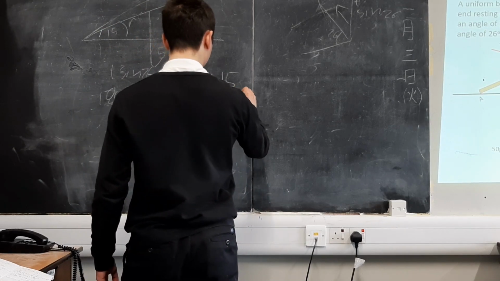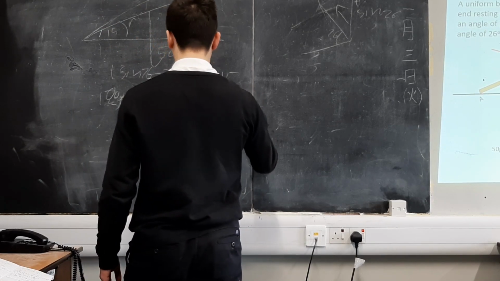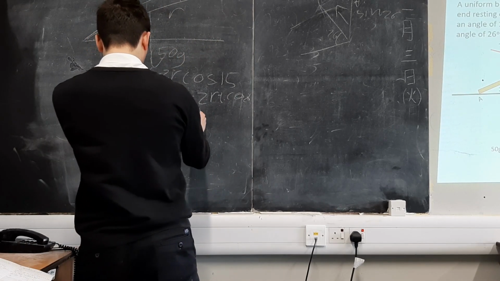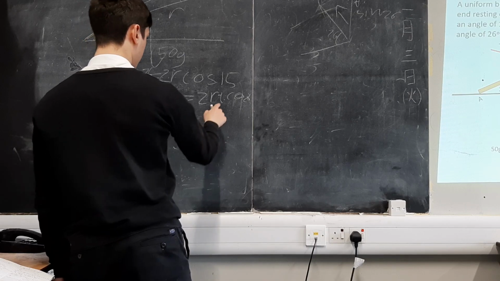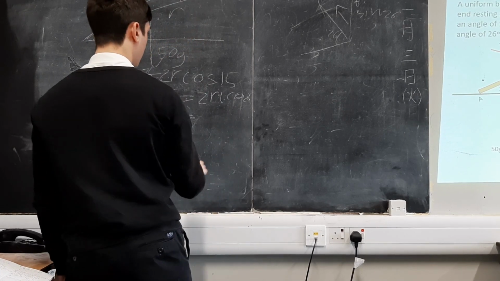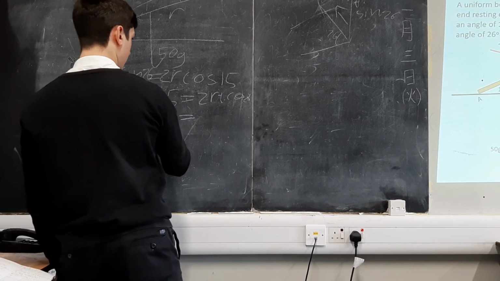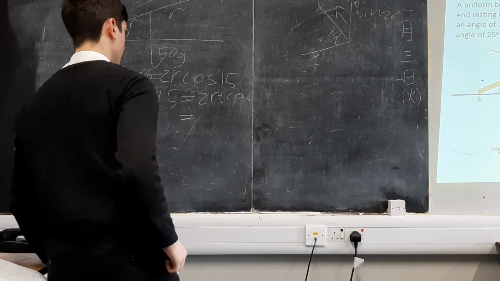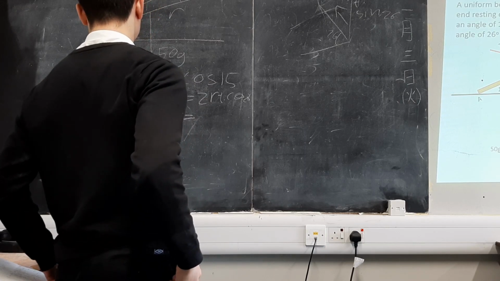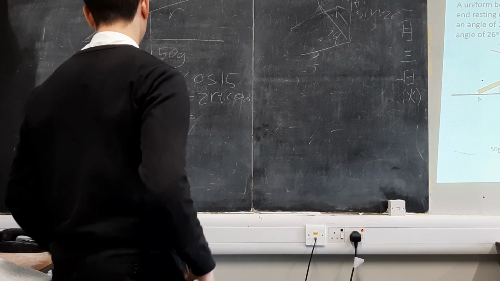T cos 26. Yeah, I get it. I understand that thing. Good. So then we rearrange for tension, which is here, not over there. Wait, no, we want R sine, not R cos. Yeah, I messed up. Okay.